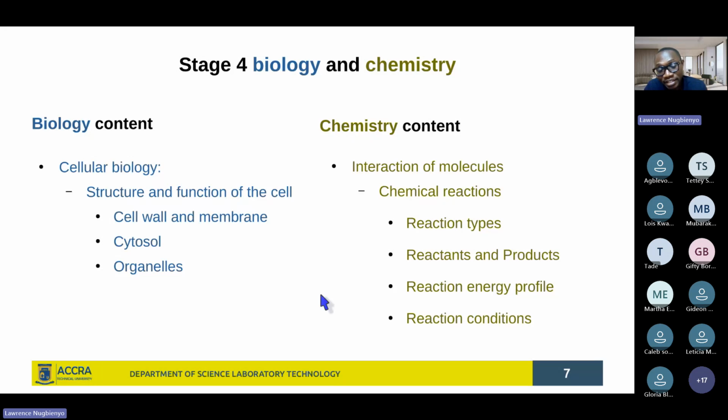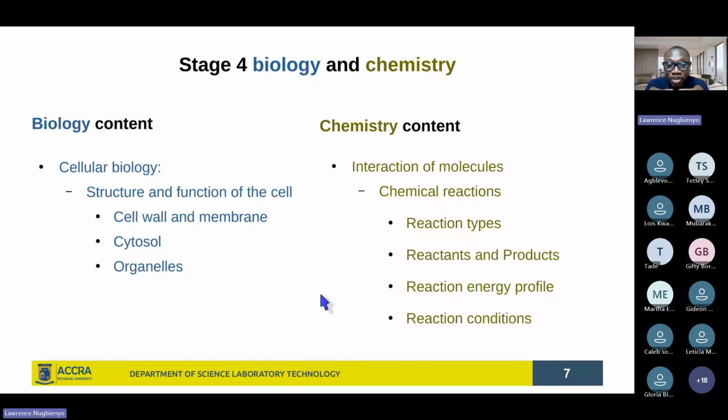You talk about the energy profile of the reaction. Before the reaction occurs, what amount of energy is required for the reactants to get to, say, for instance, a transition state before they form a product. That's the energy profile that you are talking about.